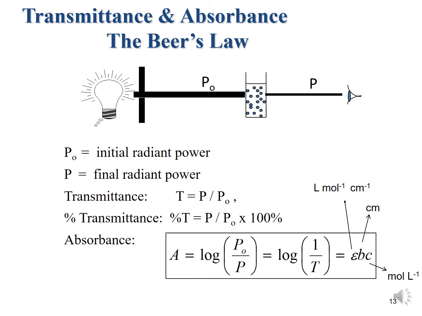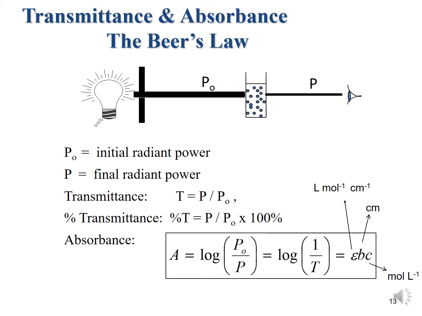P here is the final radiant power. The formula for transmittance is T equals P over P naught. The signal will give you percent transmittance, which is P over P naught times 100%.